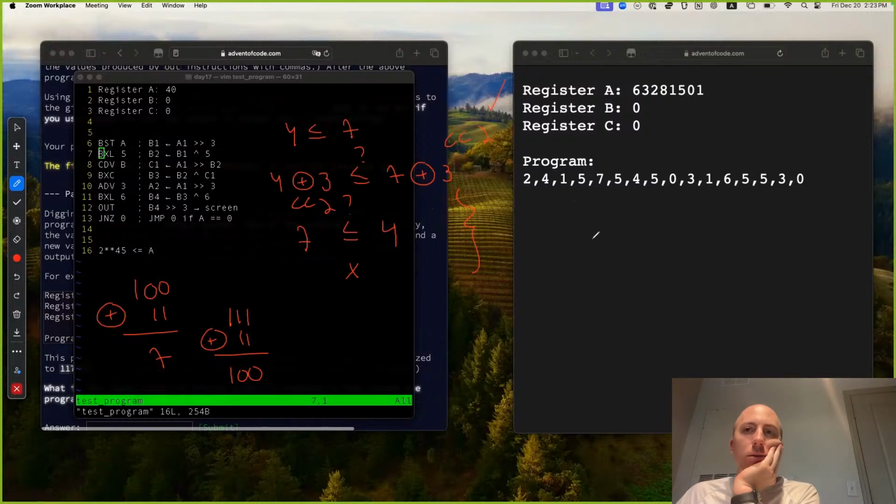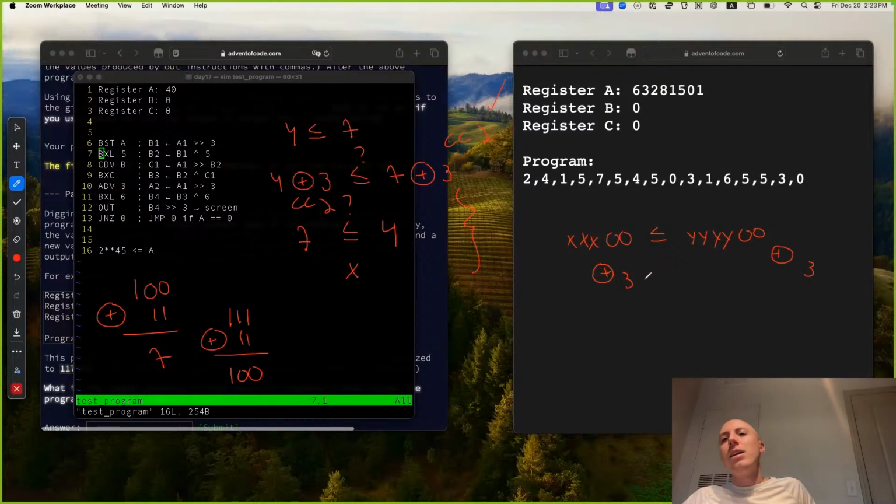So you take 2 numbers, this guy is less than or equal to this guy, and you take this thing XOR with 3 and this thing XOR with 3, and that's fine because XOR in this case is just an addition.